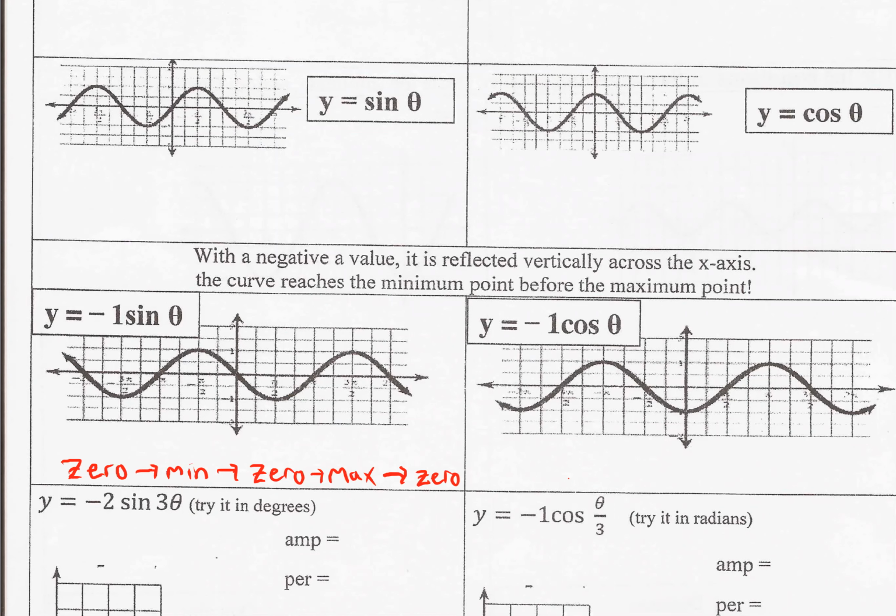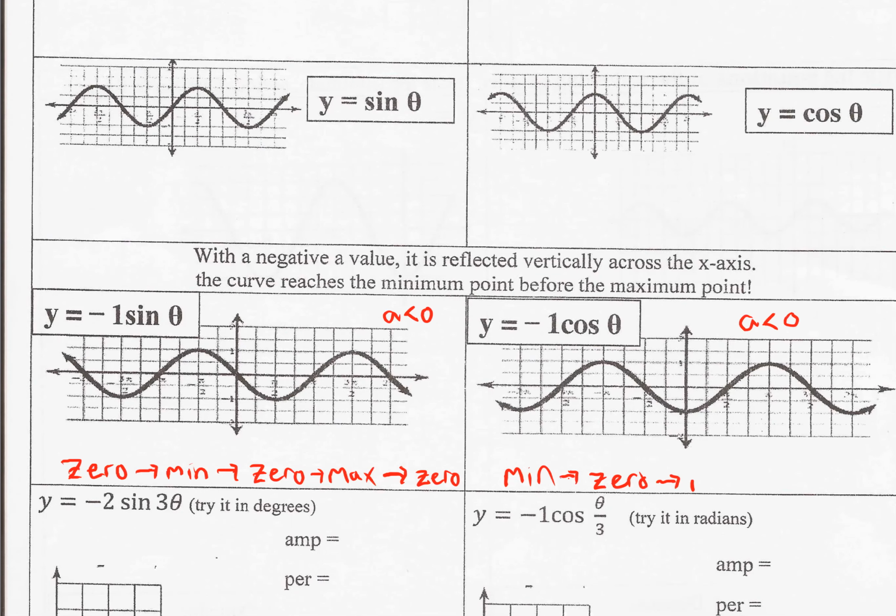Whenever a is negative for a cosine graph, instead of starting at the max, someone tell me where you're going to start on the y-axis. The min. The min. So this is when a is negative here. You haven't had to worry about this until now. So when a is negative, for cosine, you're going to start at a min, and then it's going to go min, then 0, and then max, and then a 0.